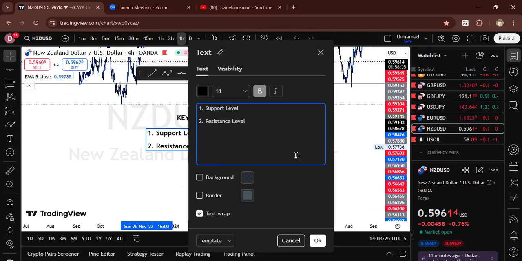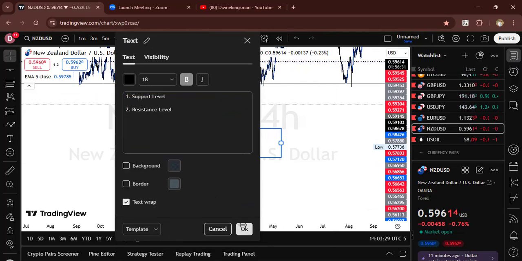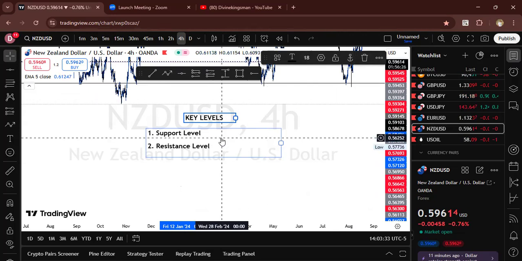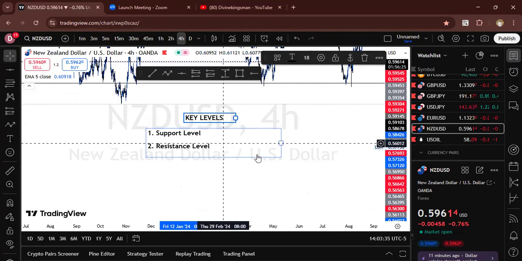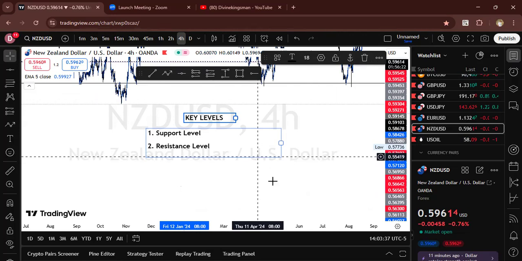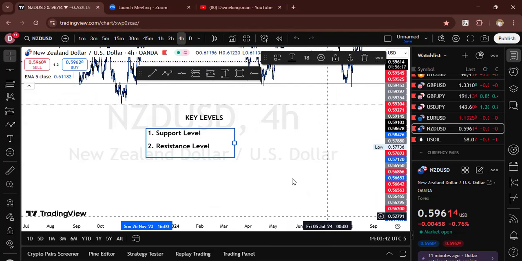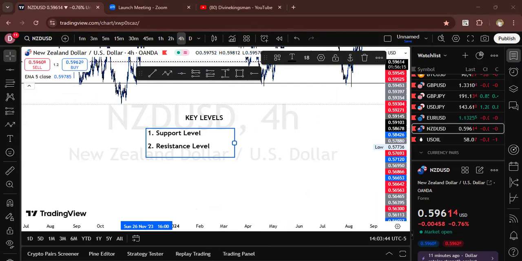In case you hear of key levels, just know that key levels are divided into two: the support level and then the resistance level. Let me explain what key levels are, then I'll explain what is support and what is resistance.